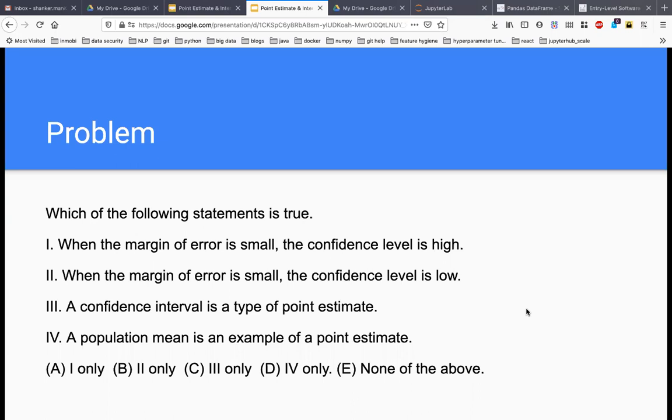A, B, C, D, E. Which one is that? So this is the type of questions you can expect. When margin of error is small, the confidence level is low. Yeah. What is the answer? A, B, C, D. You have to select one.